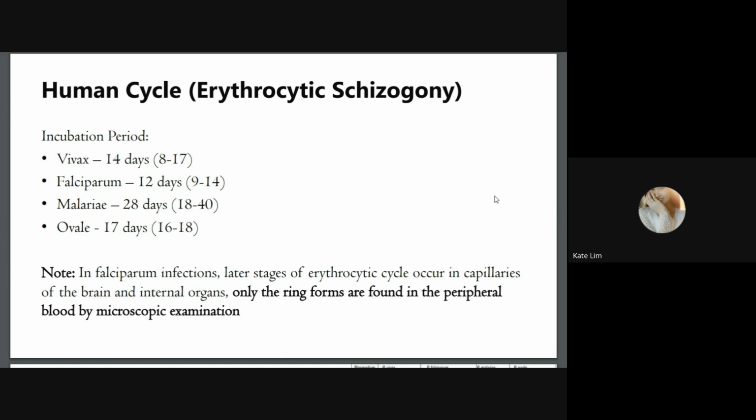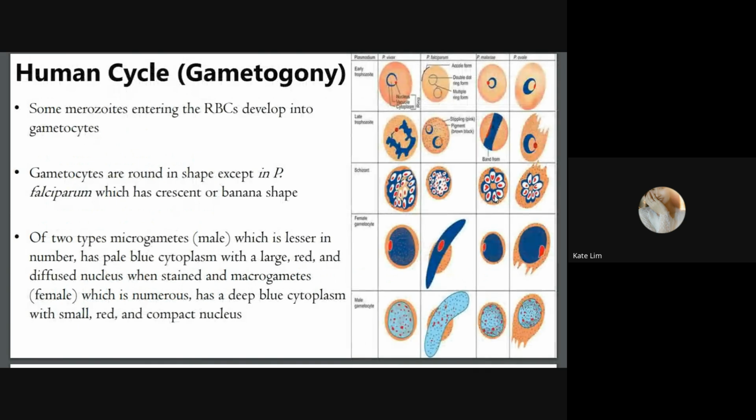This severe complication would lead to cerebral malaria, which is eventually life-threatening. So that is how your Plasmodium falciparum life stages happen. It would depend on the level of infection that the patient is actually suffering.